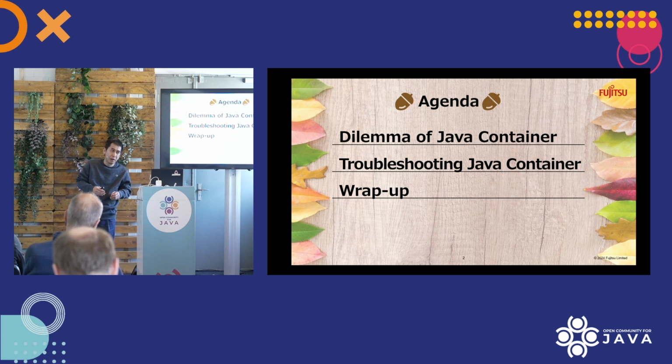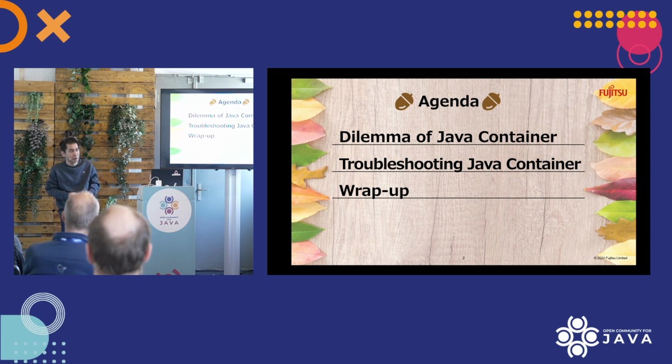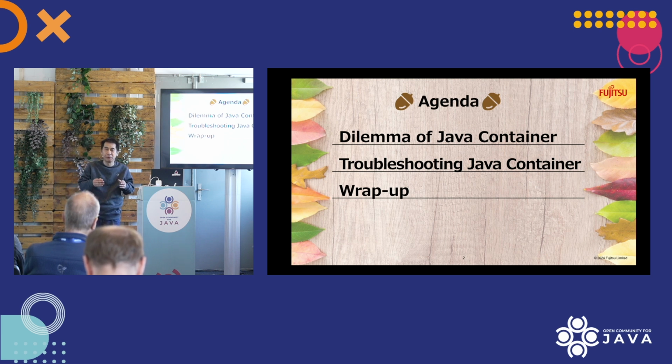So it's usually difficult to satisfy all three requirements: security, troubleshooting, and faster startup time. At first, I will talk about what the problem is and why we need to compromise one of these requirements. After that, I will show some troubleshooting methods to avoid these compromises.